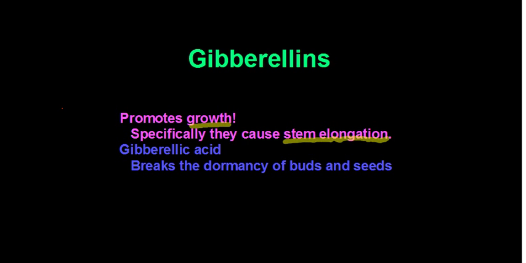We also have gibberellic acid, which is a form using the gibberellins, and this is something that farmers or gardeners use to break the dormancy of buds and seeds. And what's really important here is that it's promoting the activity levels, which in fact start to promote growth, because your plant's not going to do well if it's not active.